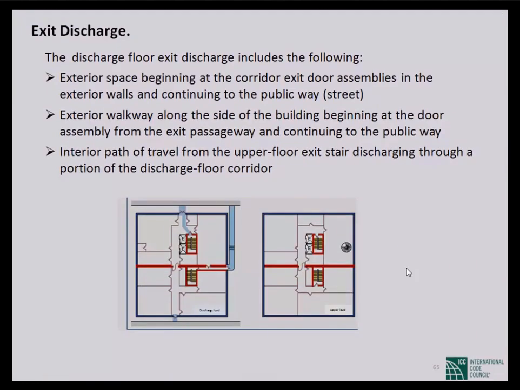Exit discharge. The discharge floor exit discharge includes the following. First thing is exterior space leading to the exit door assembly in the exterior wall continuing to the public way.